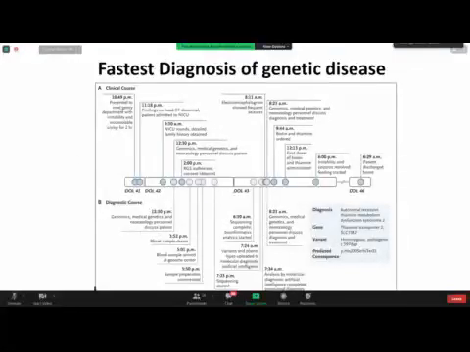The patient comes to the emergency department crying, with epileptic seizures. Then they took a blood sample, took DNA, and of course did sequencing. Then they did analysis.